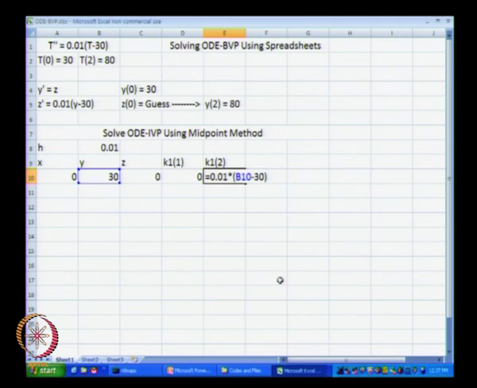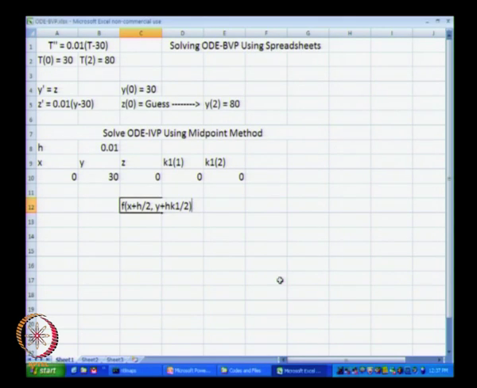In order to compute k2 using the midpoint method, we need to obtain y. In the midpoint method, what we require is to compute f of x plus h by 2 and y plus h k1 by 2. So this is the function value that we need to compute.